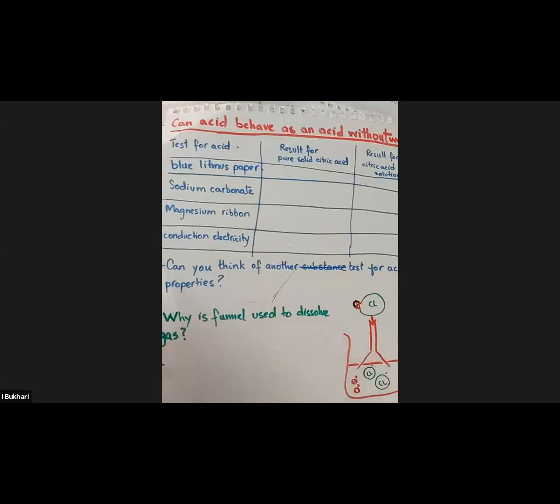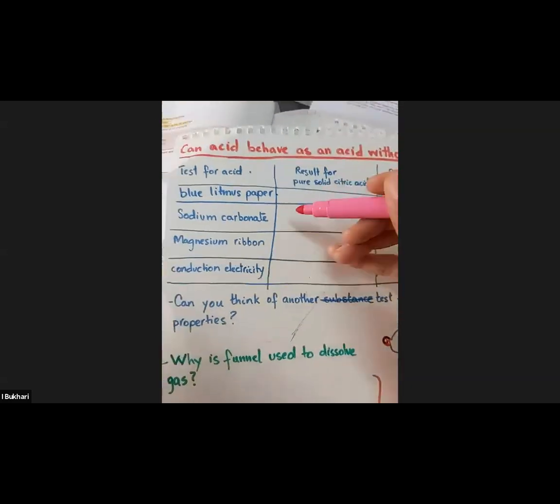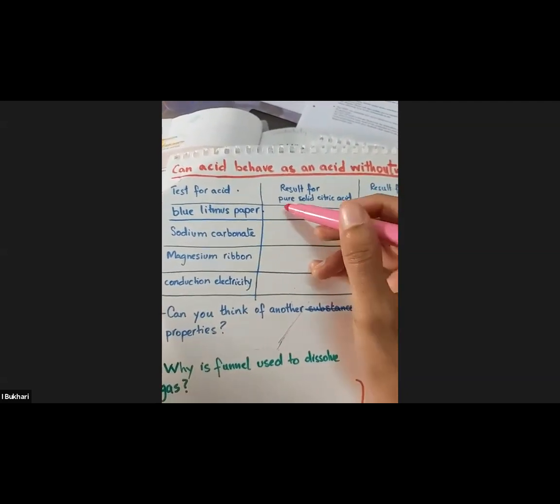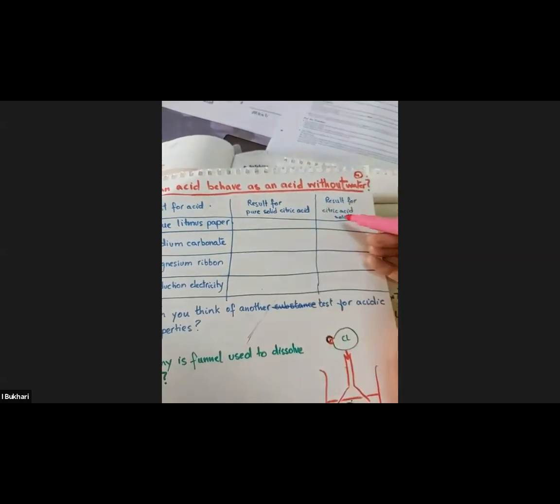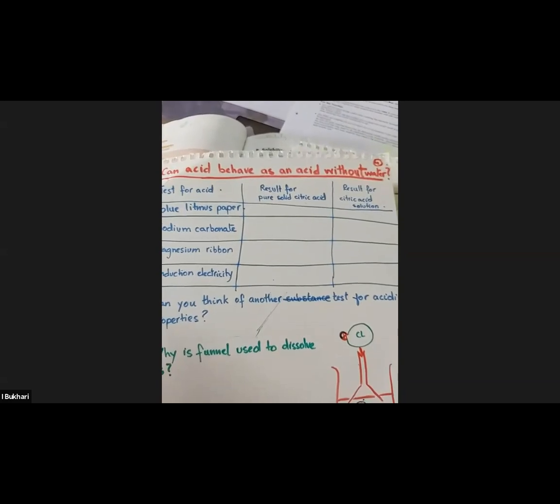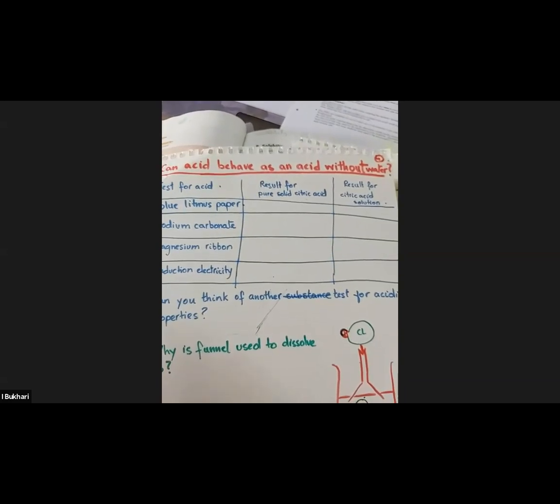Red color with pure solid citric acid. Wajiha, with pure solid citric acid, you will see the color change to red? Pure solid citric acid and with citric acid solution. Red with what? Pure or citric acid solution?